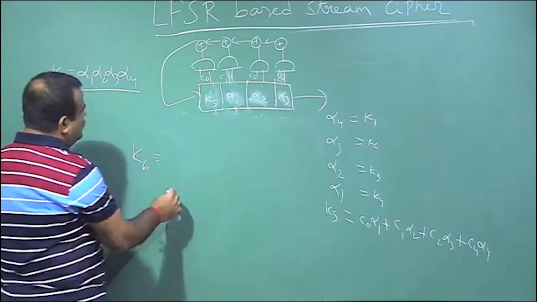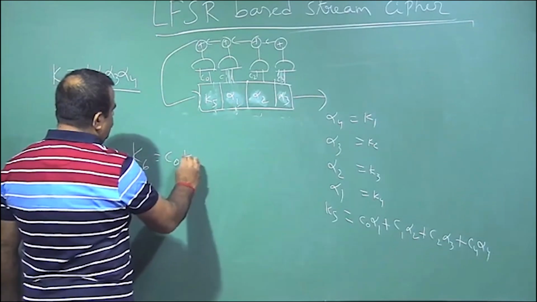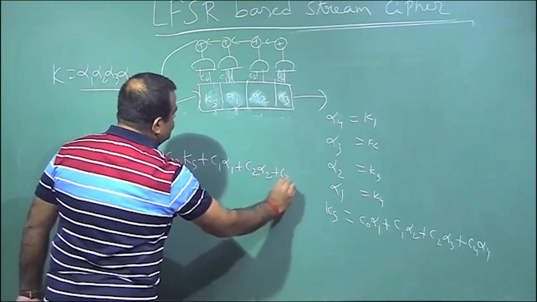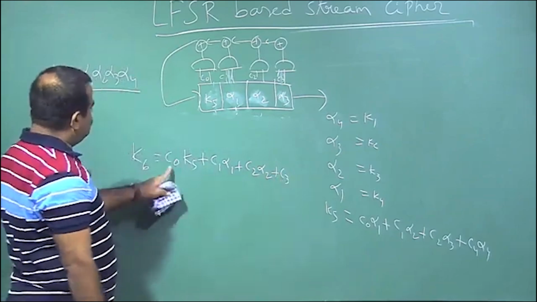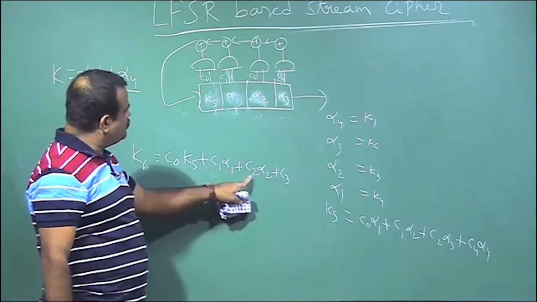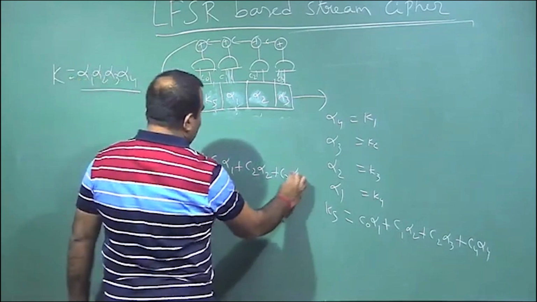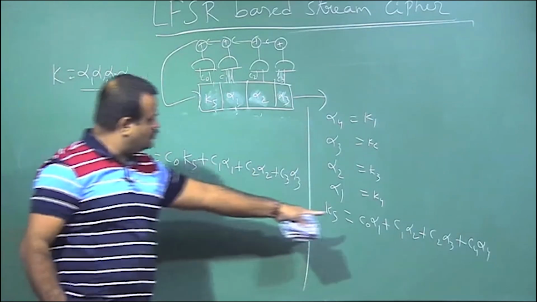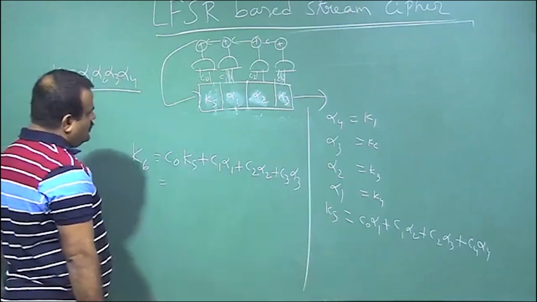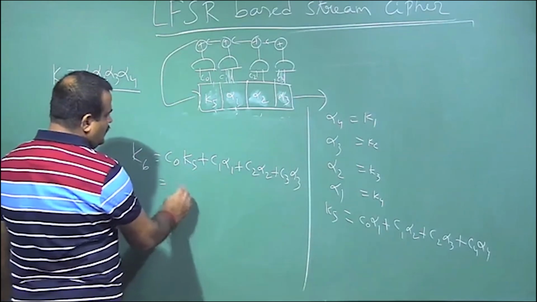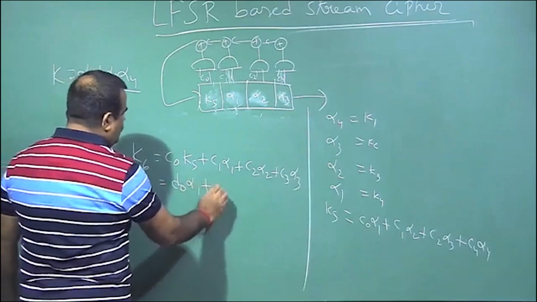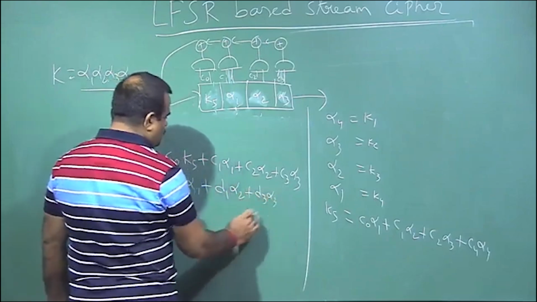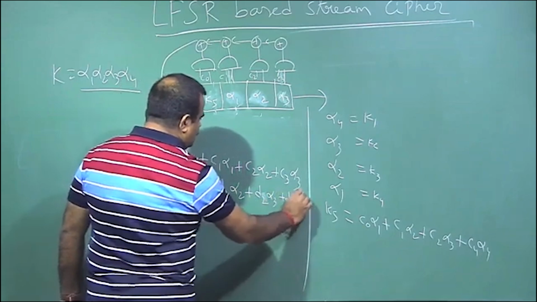So, what is K6 then? K6 will be C0 K5 plus C1 alpha 1 plus C2 alpha 2 plus C3 alpha 3. Now, if we convert K5 using this formula, it will again be a linear form, something like D0 alpha 1 plus D1 alpha 2 plus D2 alpha 3 plus D3 alpha 4.